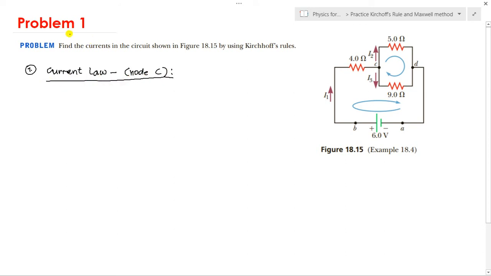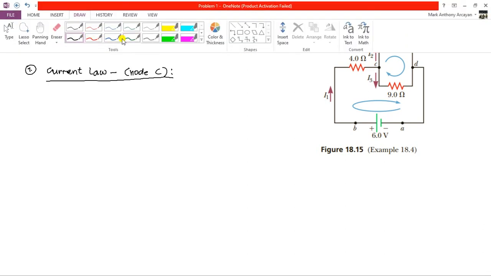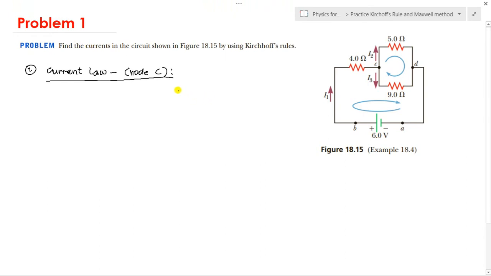Extracting that node, the resistors are going this way. What enters node C is I1, and then it splits. What leaves is I2, and below it is I3.